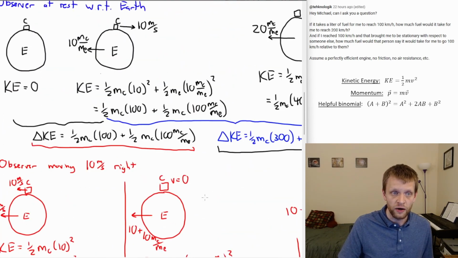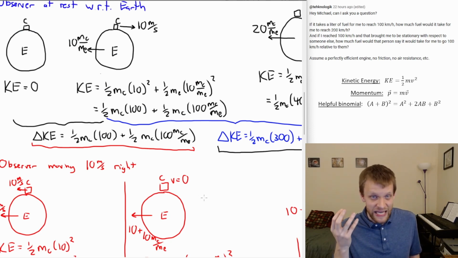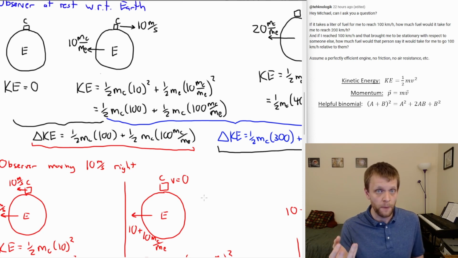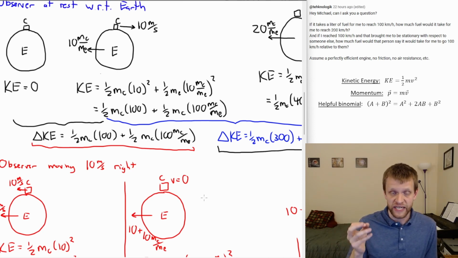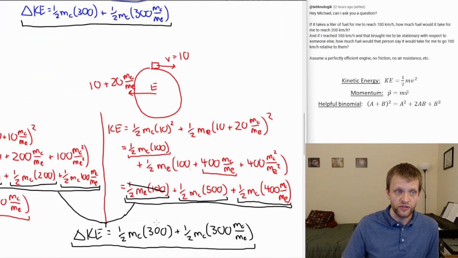If we are moving with respect to the Earth, then in that reference frame, the Earth is gaining a non-negligible amount of that kinetic energy. And we have to take that into account in order to properly keep tabs of where all of this energy from the gasoline is going. In both of those cases, the total change in kinetic energy of the system is the same.